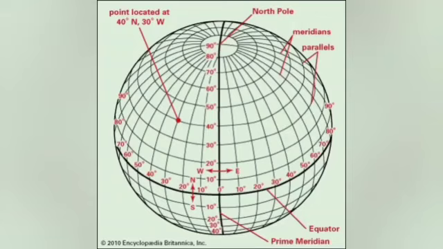It helps us to locate places. The point where the latitude and the longitude intersect is the location of the place. For example, Indore is located at the intersection of 22° north latitude and 76° east longitude.